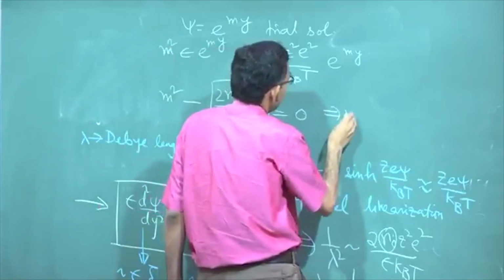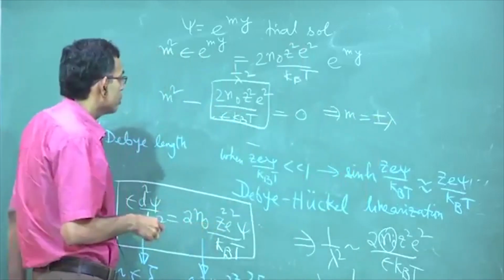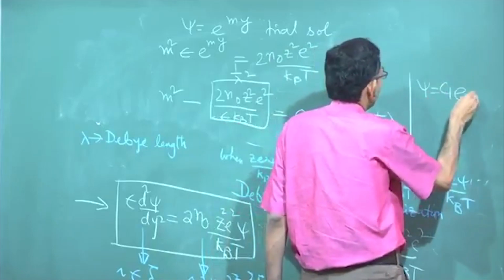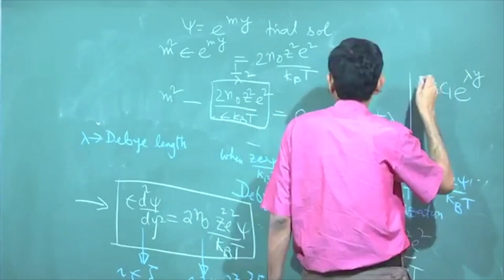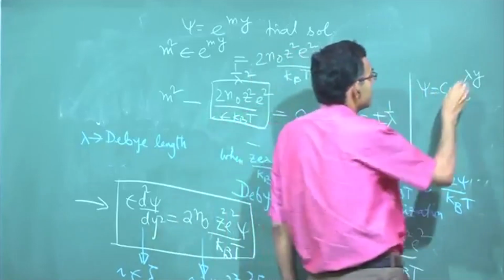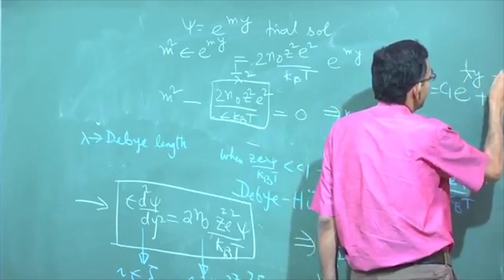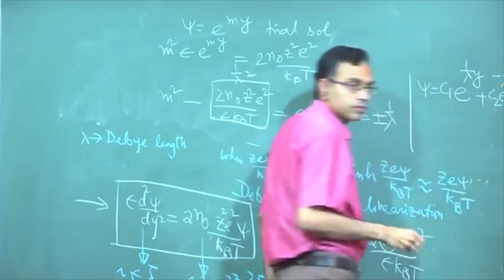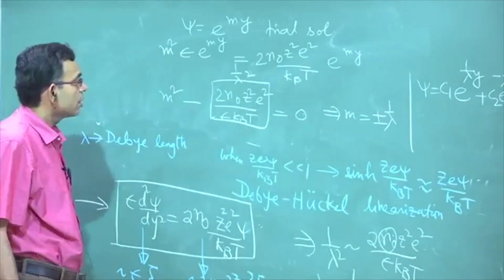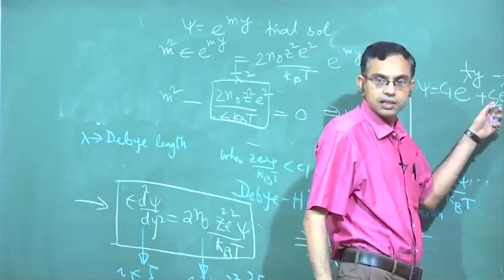So that means m is equal to plus minus 1 by lambda. So the solution is psi equal to C1 e to the power y by lambda plus C2 e to the power minus y by lambda. This C1 and C2 you can calculate from the boundary conditions.